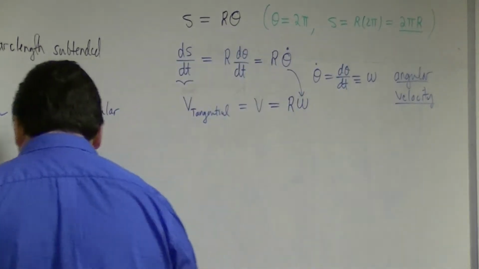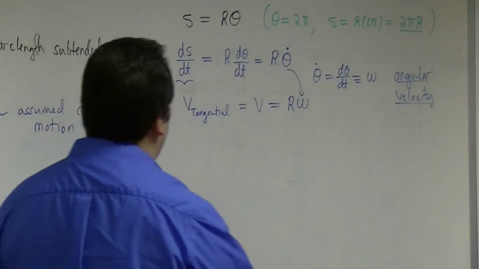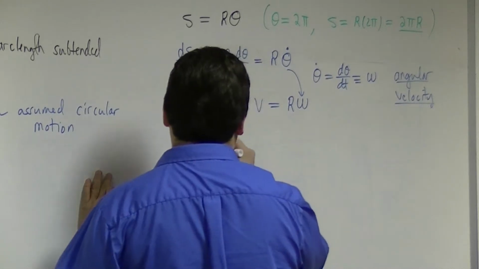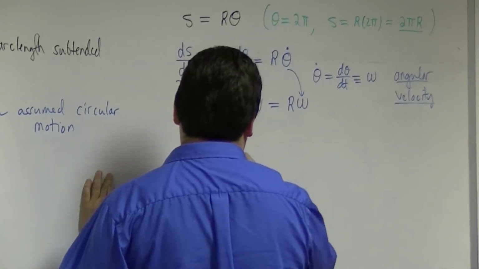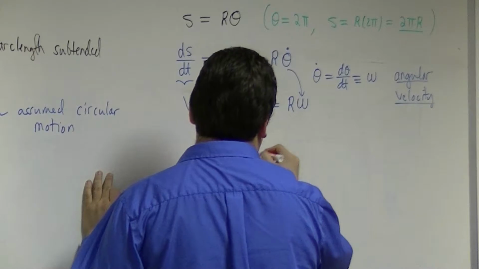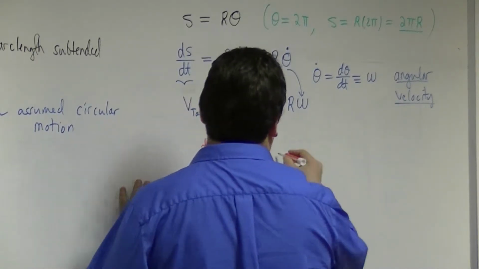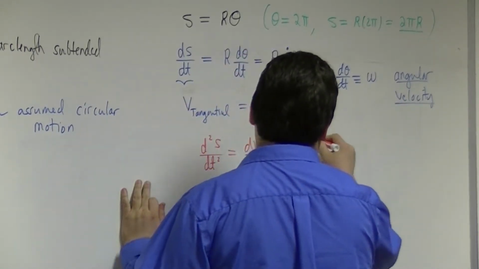Differentiate again. Yeah, differentiate one more time. So then we have d squared s/dt squared, which of course would be dv/dt, and that would be equal to r times d squared theta/dt squared.